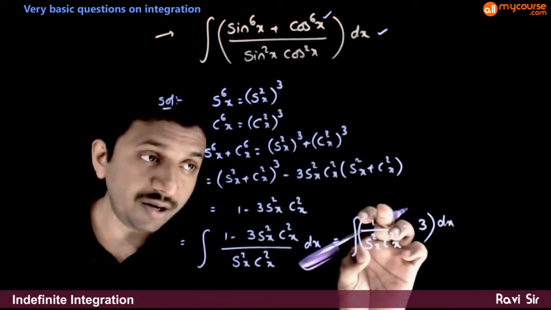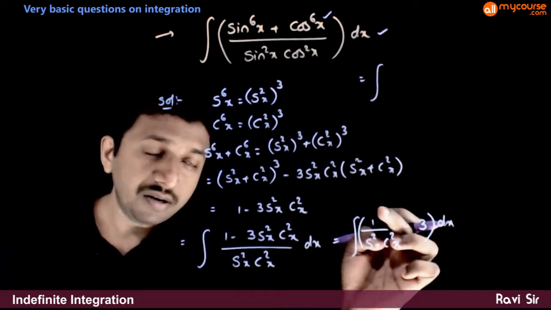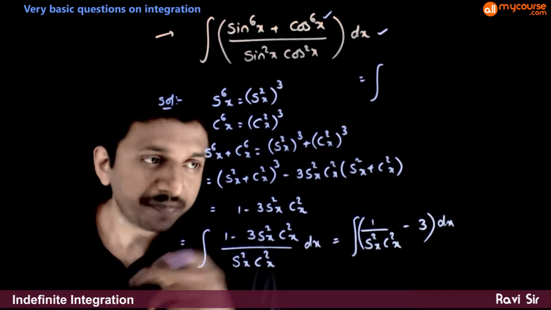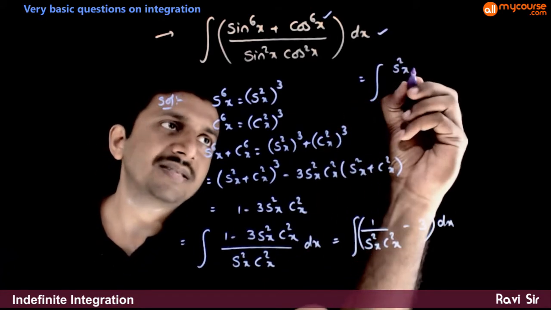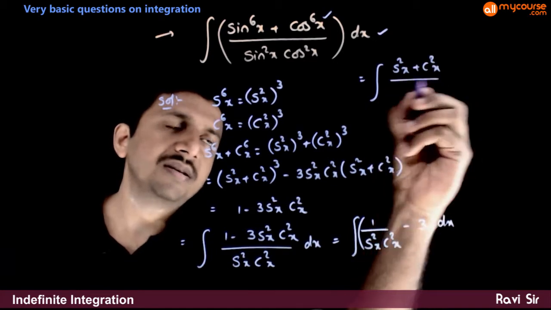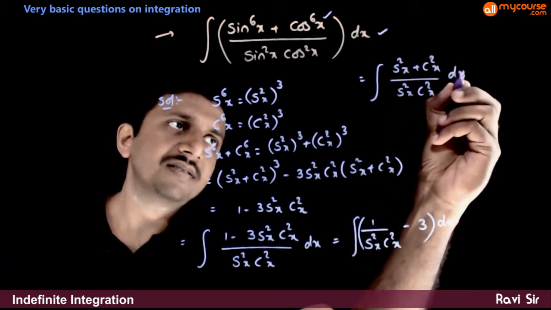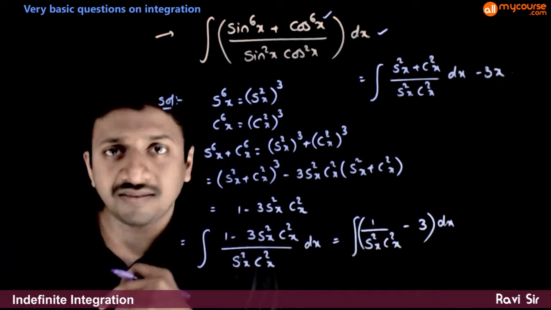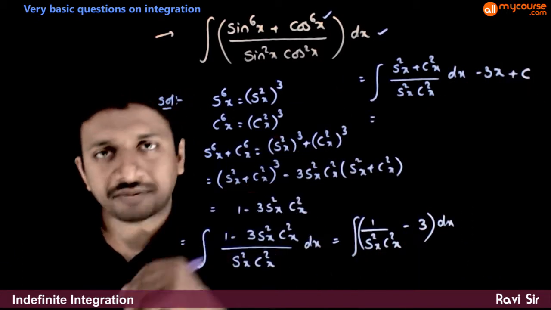So here what I do in this question is, to get this into a standard integration formula, I'll write 1 as sine square x plus cos square x, by sine square x cos square x dx, minus 3x. I'll write an integration constant later.